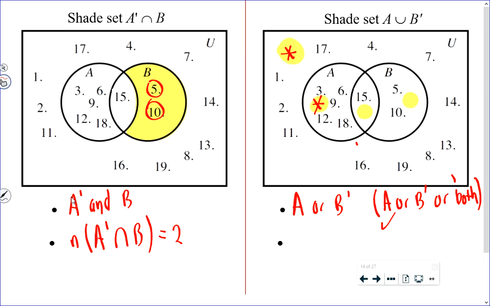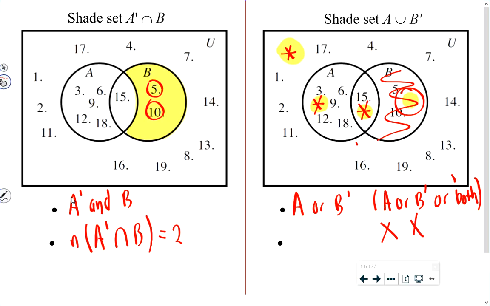Are the elements in this set A? Well, yeah. It doesn't matter if they're B or not B. If they are A, they are in. What about this region? Are the numbers in here A? No. Are the numbers in here not B?